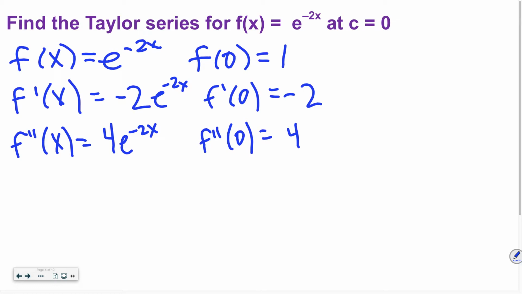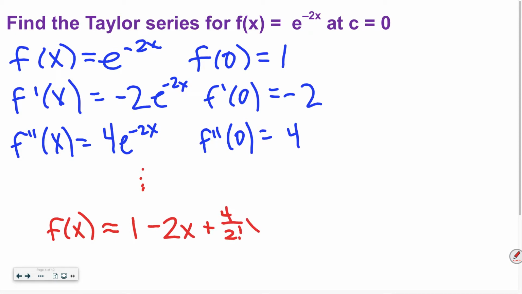Probably negative 8. You keep going towards infinity. But we know that this is going to be 1 minus 2x plus 4 over 2 factorial x squared minus 8 over 3 factorial x cubed, and then probably 16 over 4 factorial x to the fourth.